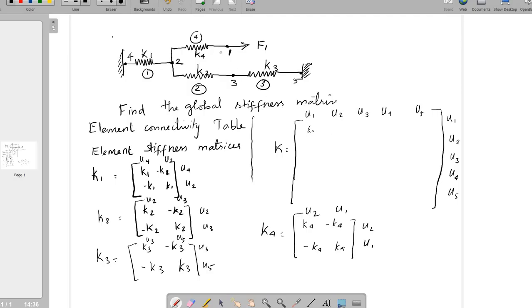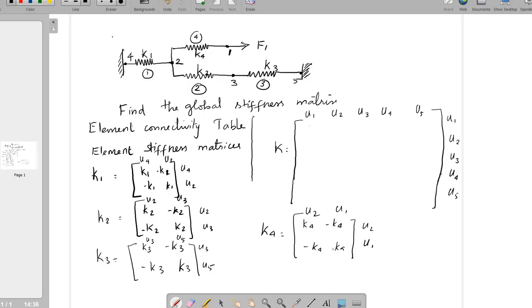If you consider this is node 1, the displacement at node 1 due to the force applied at node 1. So we have to search for the value from the individual element stiffness matrices for U1, where it comes. Here, U1 is only present in the element matrix of K4.